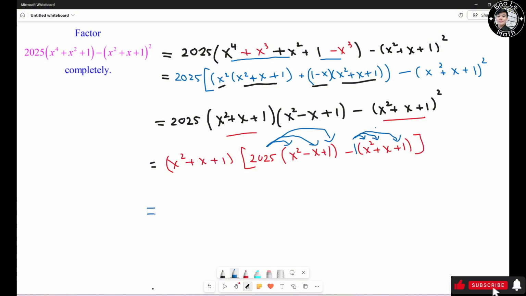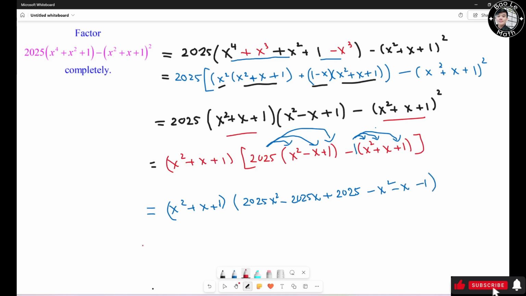So I have s squared plus s plus 1 times 25 s squared minus 25 s plus 25 minus s squared minus s and minus 1, right?